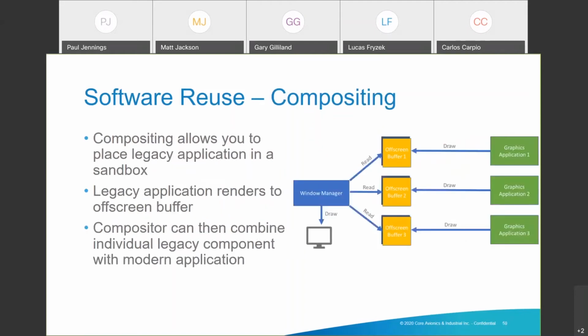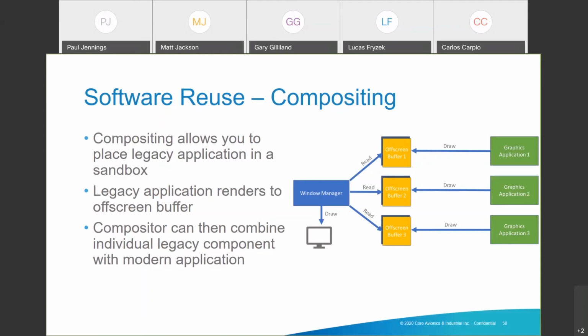The other idea for software reuse is how to combine it with more modern applications without changing any of the legacy code. A solution that comes from FACE for this is the idea of using compositing. Graphics APIs like OpenGL SC and Vulkan SC provide compositing extensions. In the case of OpenGL, there's the EGL compositor.